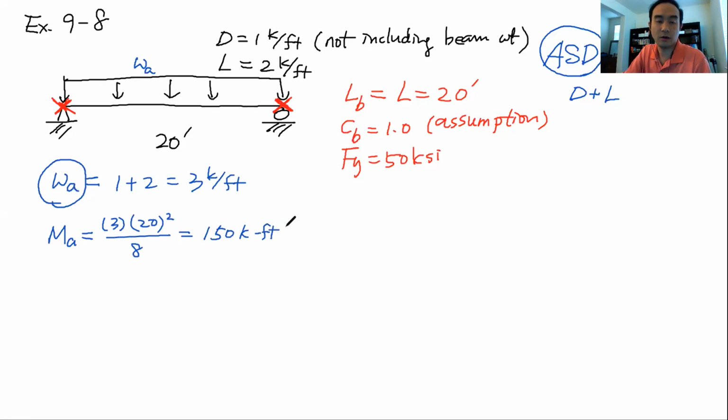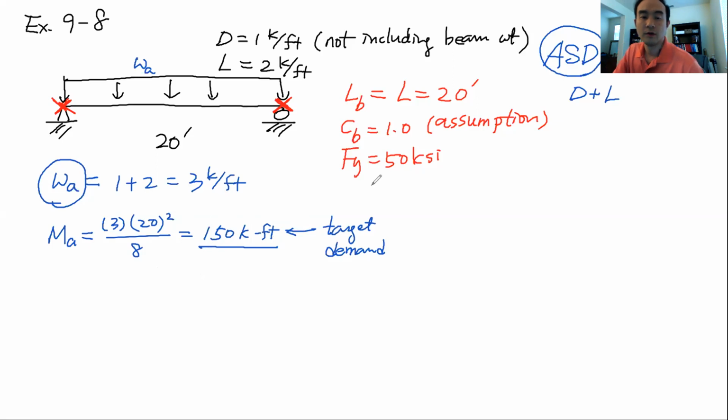So this is going to be our target demand. Our selection should be based on this number, 150 kip-feet. But again, this one doesn't include the beam's weight, right? So we will have the first trial based on this number, but after that, we're going to include the beam's weight.